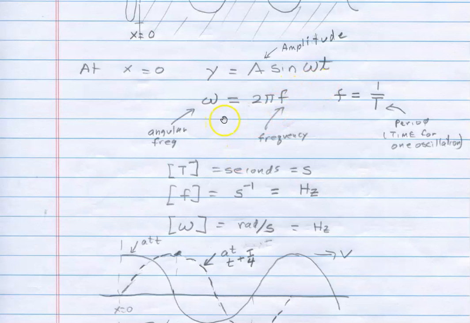In particular, this omega that's here, if it were a mass on a spring, would be the square root of k over m. But just lumping that as a parameter omega, that's known as the angular frequency, and it's related to the usual frequency f, I'll use, by 2 pi radians, and the frequency is 1 over the period.